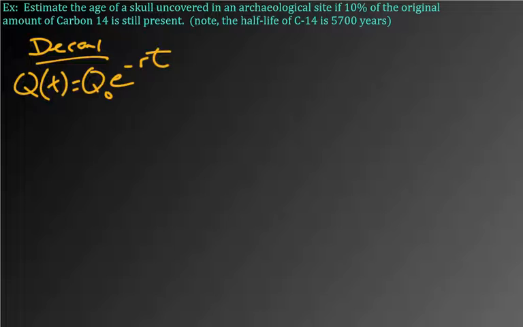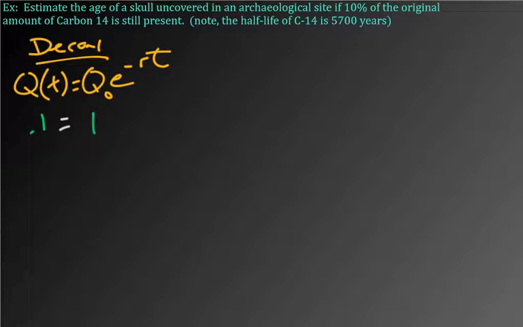And we know 10% of the original amount of carbon-14 is still there. So the ratio between this and this should just be 10%. So like if you started with 100 here, you would be at 10. If you started with 1, you'd be at 0.1. And I think that's the one I'll use because it's just an easy ratio.